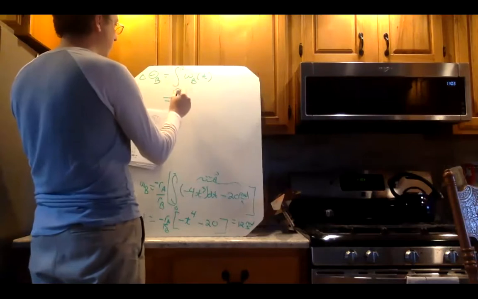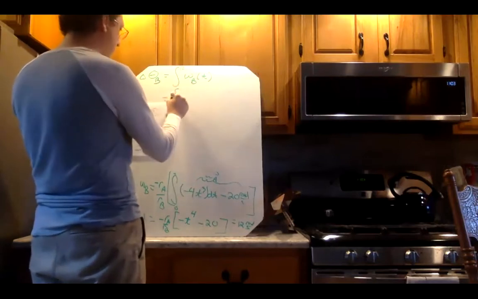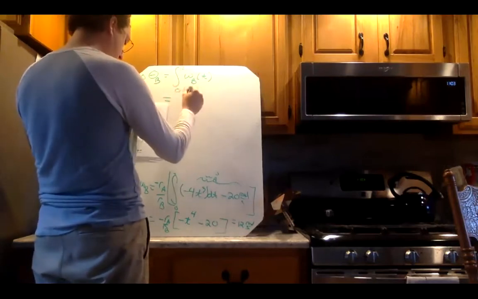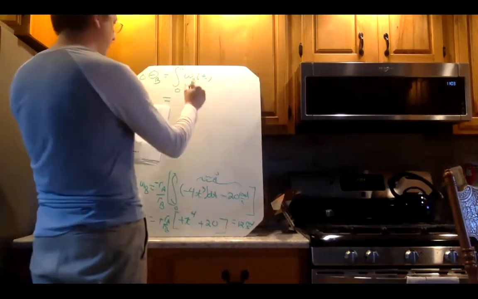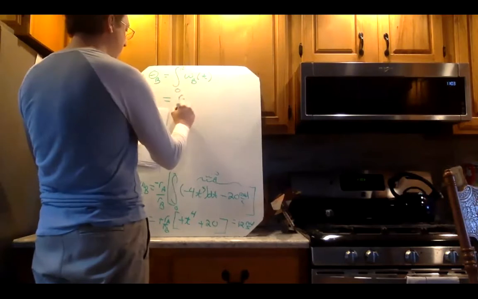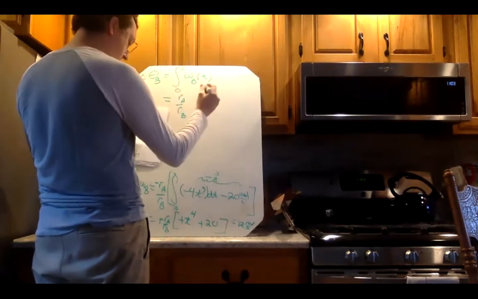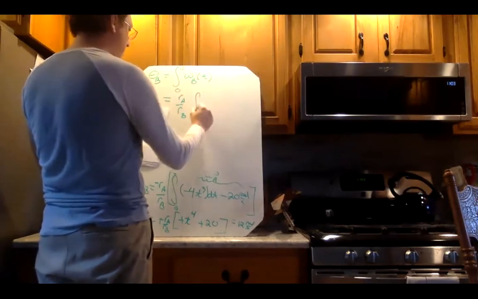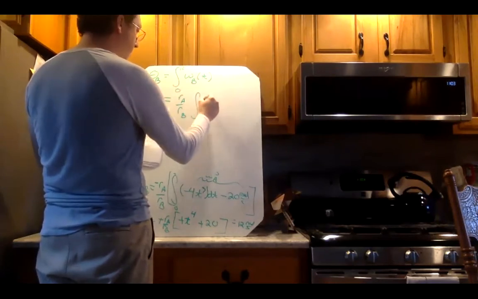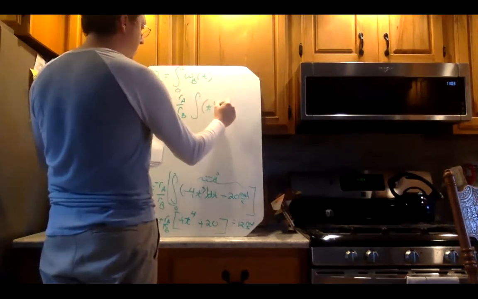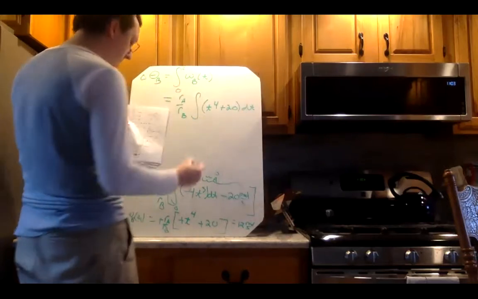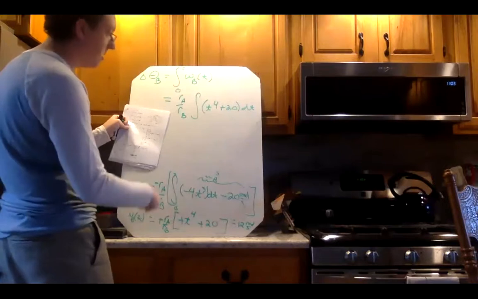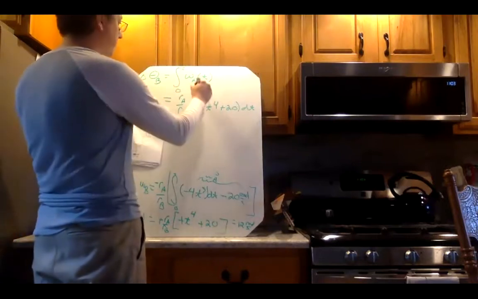I just work out the integral only. Well, I can distribute this across, and I get RA over RB times the integral of t to the 4th plus 20. Is that negative RA over RB? I went ahead and distributed the minus sign across to make everything positive. Yep, good question.